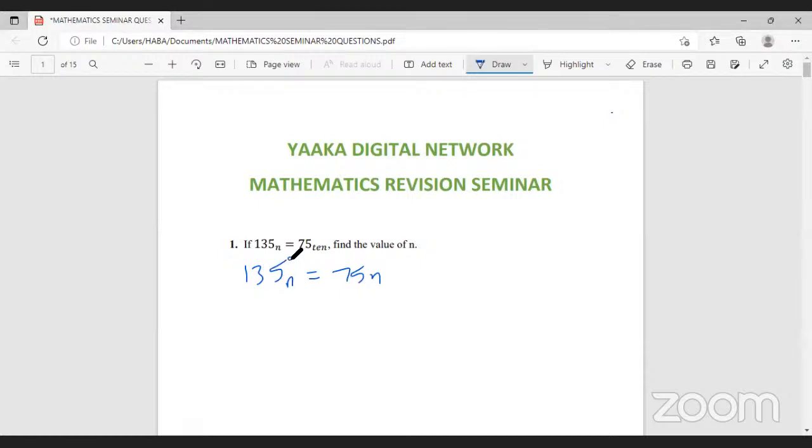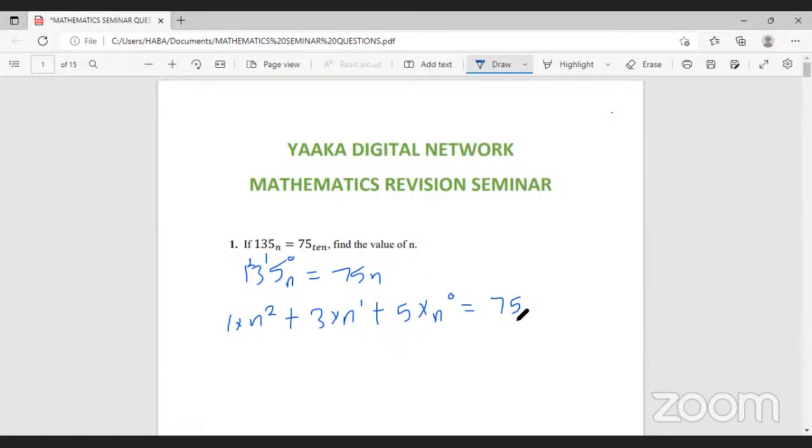So we shall write power 0 here, power 1, and then power 2. So this would give us 1 times n to power 2 plus 3 times n to power 1 plus 5 times n to power 0. And this is equal to 75.